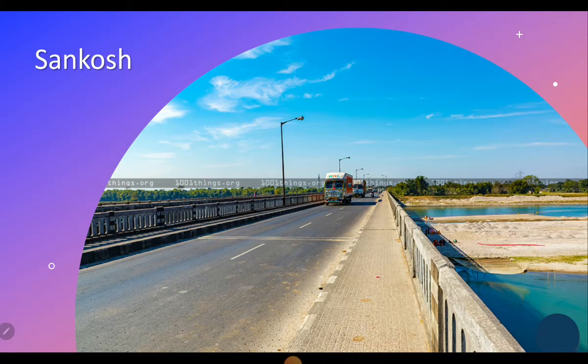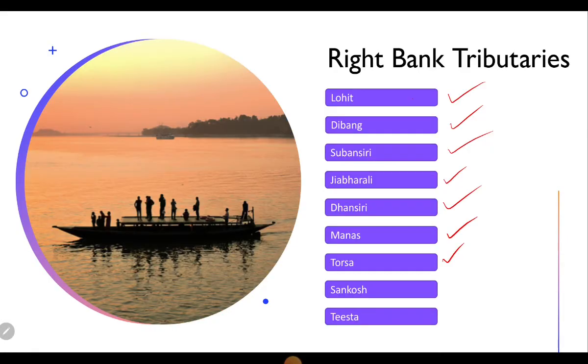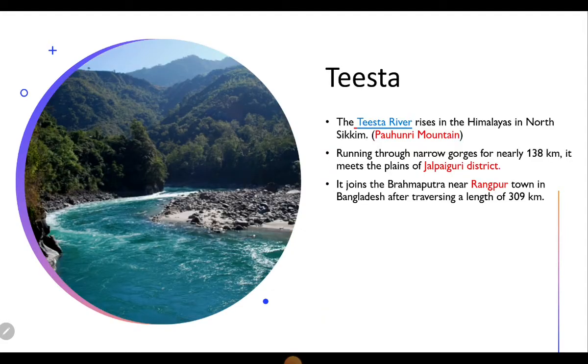And now let's see our last one, which is Tista. The Tista River rises in the Himalayas in North Sikkim, in the Pauhunri Mountains, and runs through narrow gorges for nearly 138 km. It meets the plains in Jalpaiguri district.